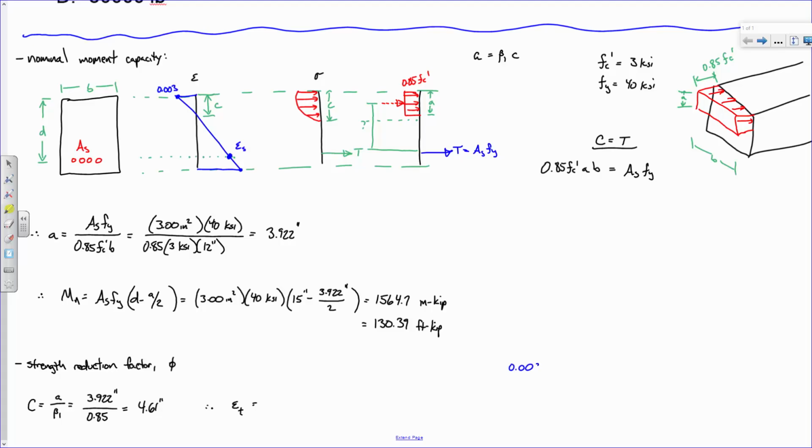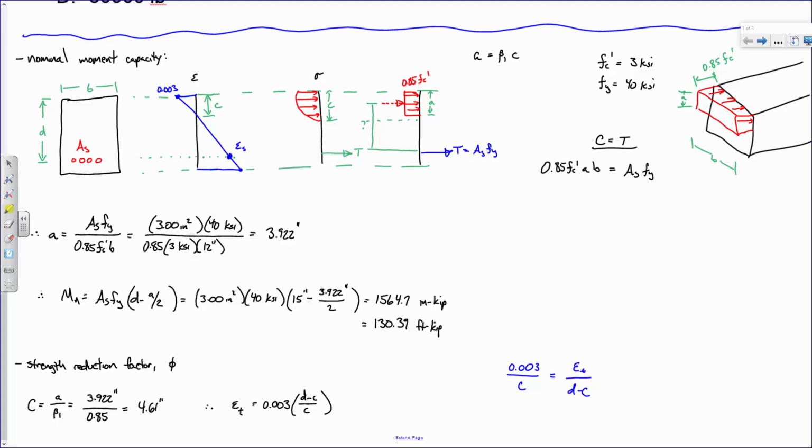So 0.003 is to C as epsilon sub t is to d minus c, right? Y'all remember that? So epsilon t is 0.003 times (d minus c) over c.